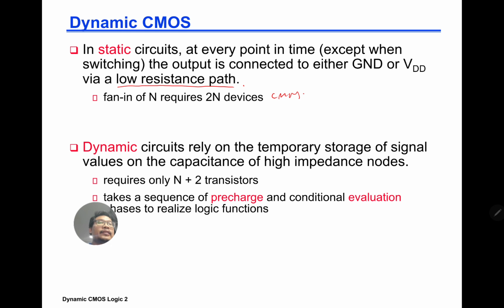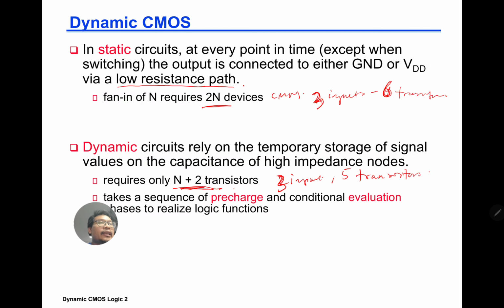However, dynamic circuits rely on temporary storage of signal values on the capacitance of high impedance nodes, and require N plus 2 transistors. So for the same function, let's say 3 inputs, static needs 6 transistors, and if you implement it in dynamic with 3 inputs, you will have 5 transistors.